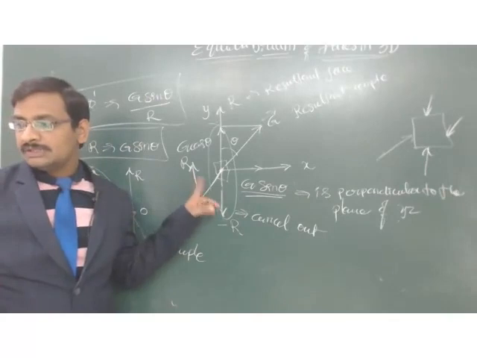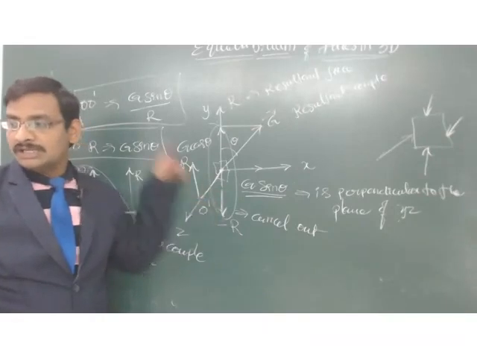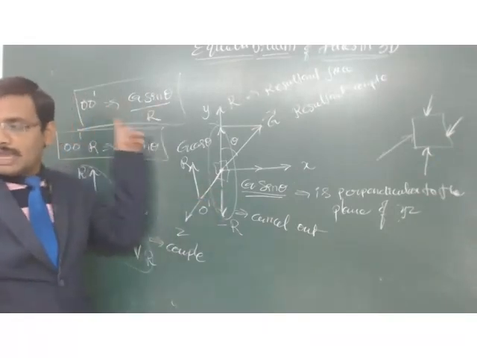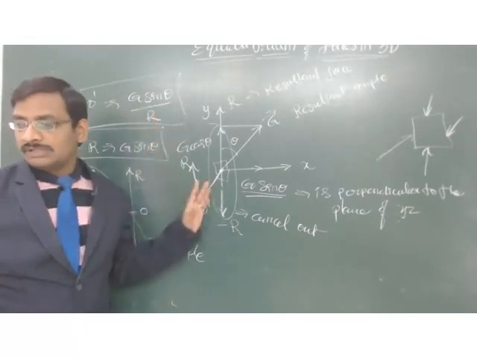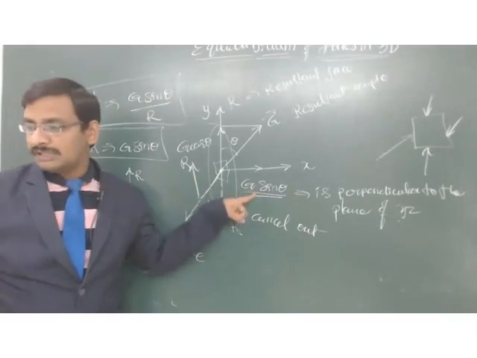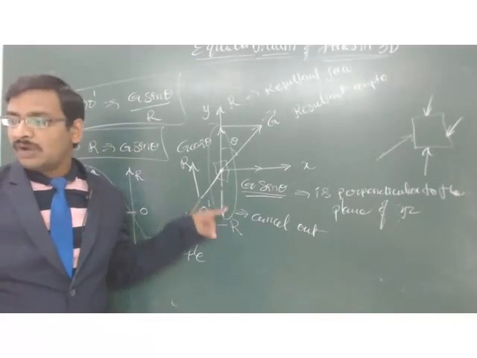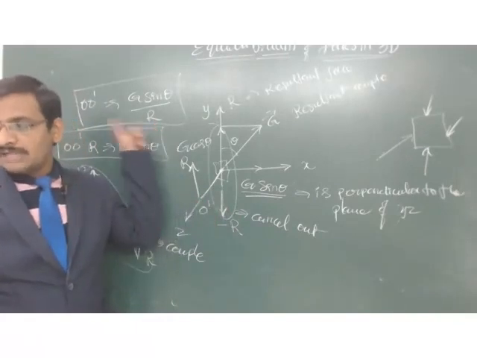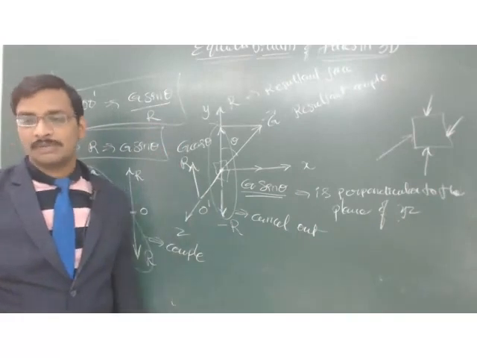See this, these two are randomly chosen forces, and I have selected them such that they are equivalent to r, so that I can calculate the O dash value simply. So this is a randomly selected moment whose magnitude should be equal to g sin theta. And that random value I have kept as r. Hence O dash should be equal to g sin theta by r. So this is for simplicity.